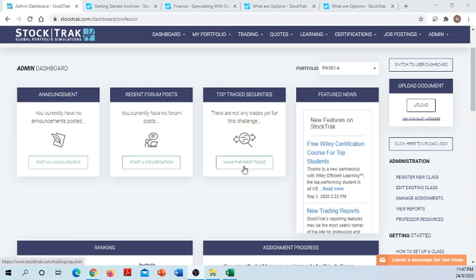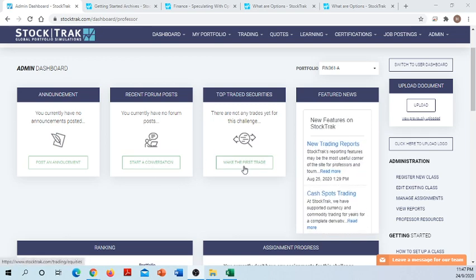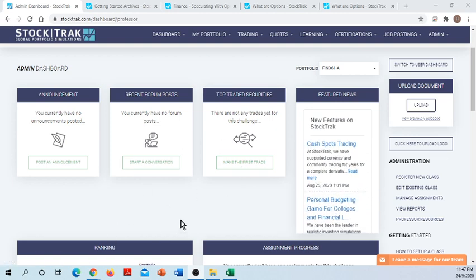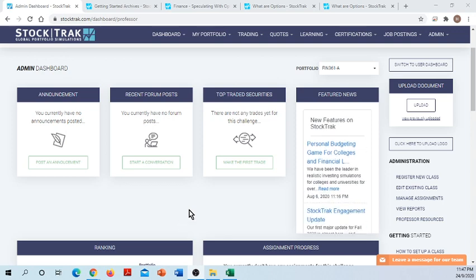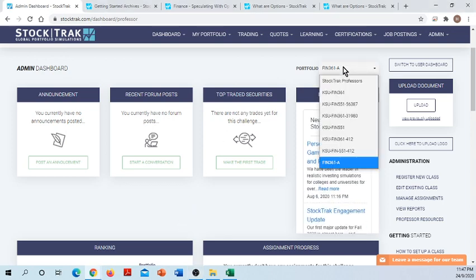Here you will see the top traded securities or instruments in the different classes you are teaching. And here you will see the list of different classes that this dashboard is related to.